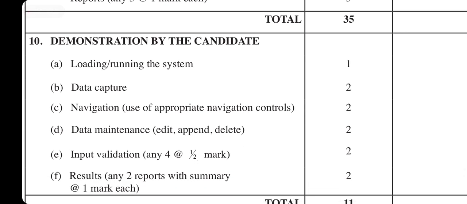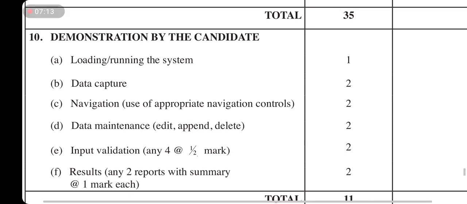And more so, if it captures the correct data, maybe the field meant for date data type or time data type, and you key in a number and it rejects. Yeah, those are what we are talking about.